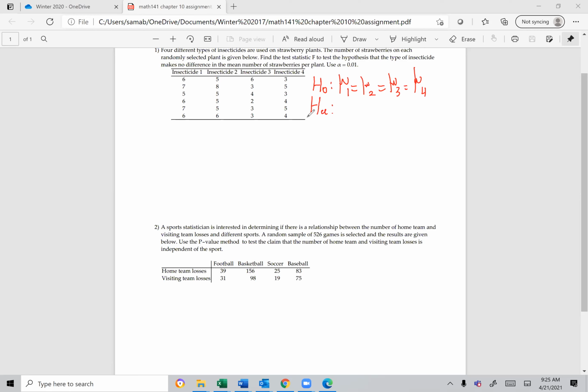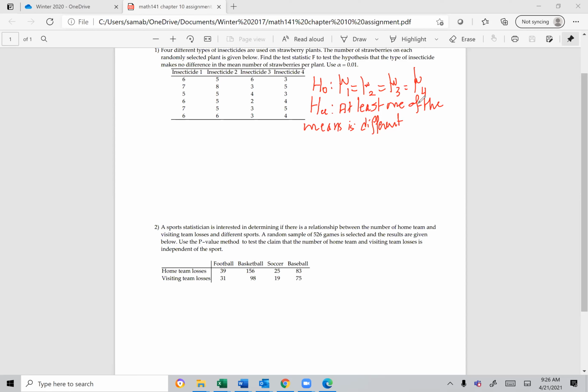Not equal? What did we say? There's a language that you have to use. At least one of the means is different from the others.